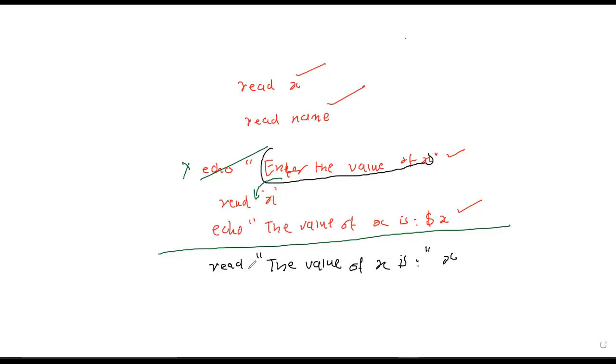Since we use this line for echoing, we use the value of x here only. So read, space, then you have to write dash p, and the last sentence will be as it is. You cannot avoid the last sentence. In order to get the final output, you have to write this as it is.